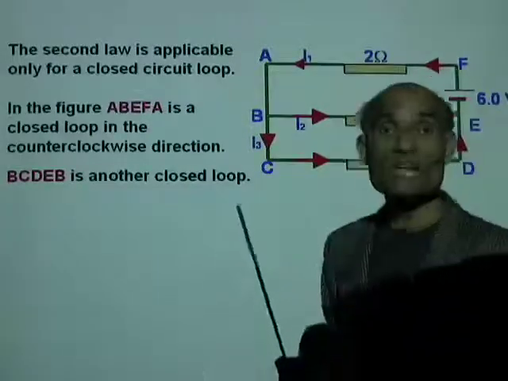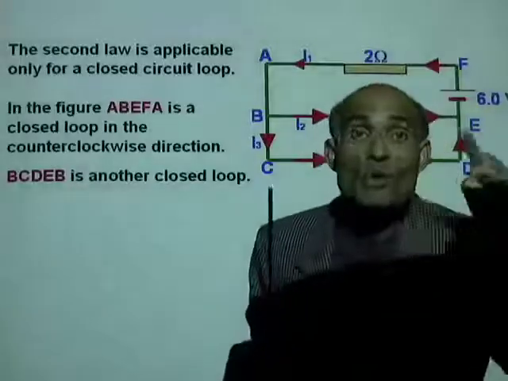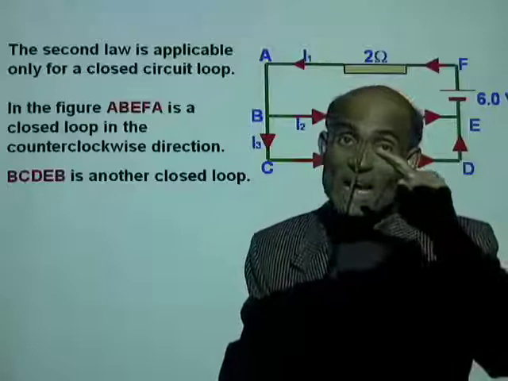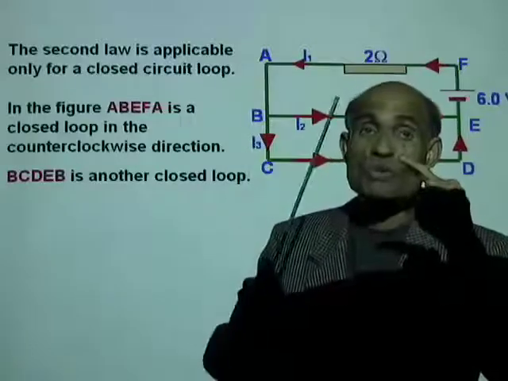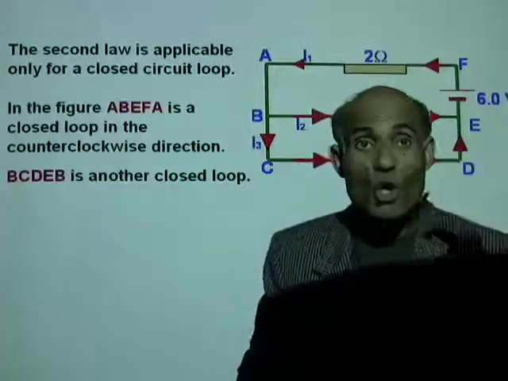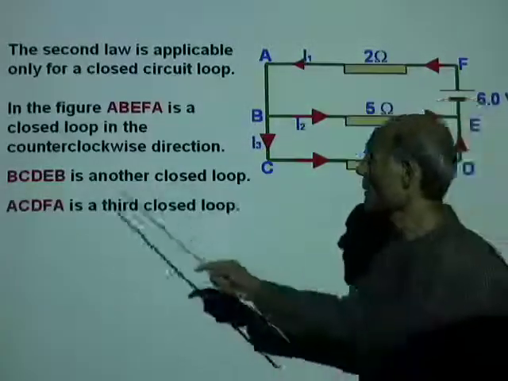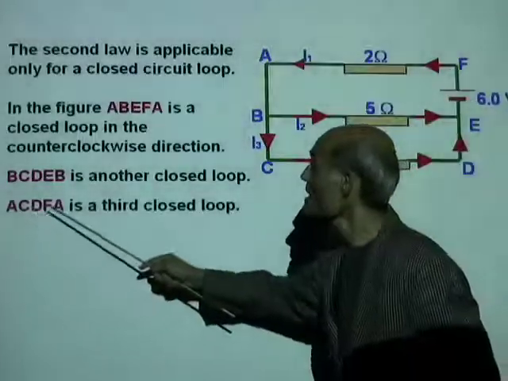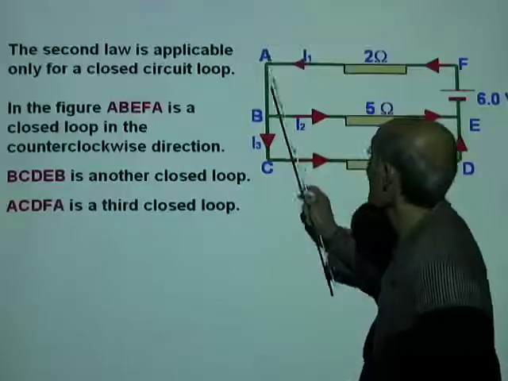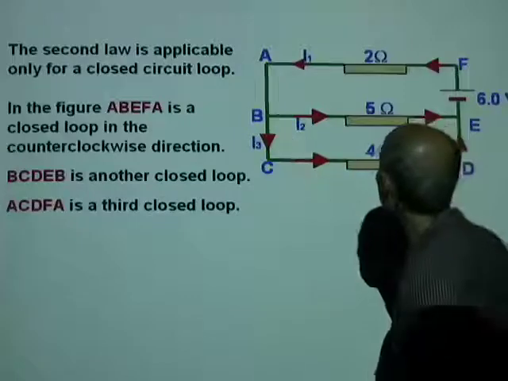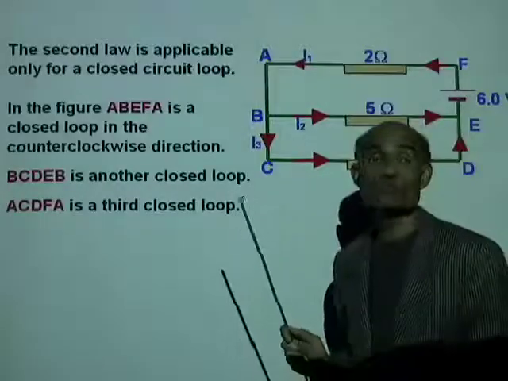So when you name a closed loop, you must pay attention. Am I taking a counterclockwise loop or a clockwise loop? There is a difference. Now, A, C, D, F, A is another closed loop.